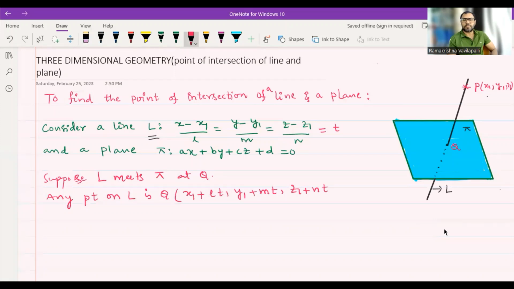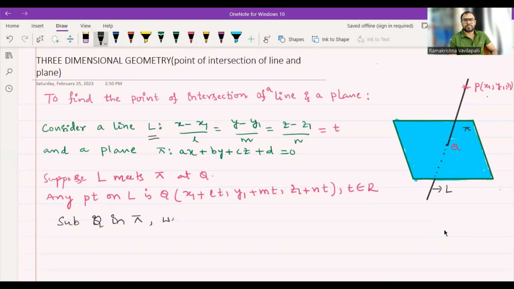Now, for some value of t, this point also lies on the plane. So in order to find a particular point which is common to both the line and the plane, we need to substitute this point in the given plane. Substitute Q in phi.